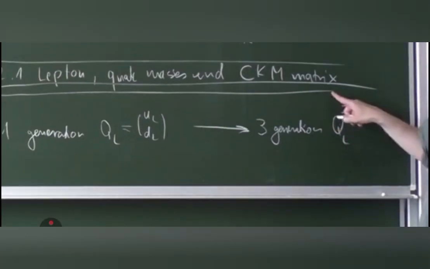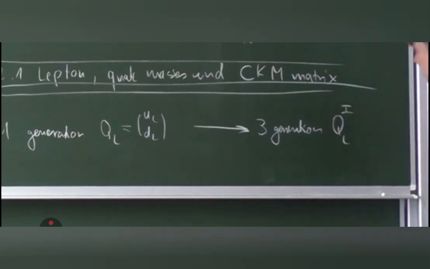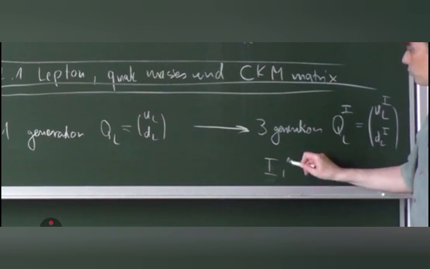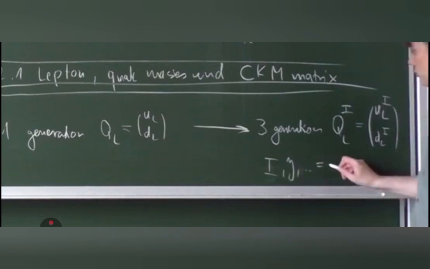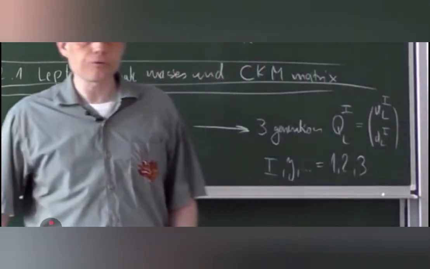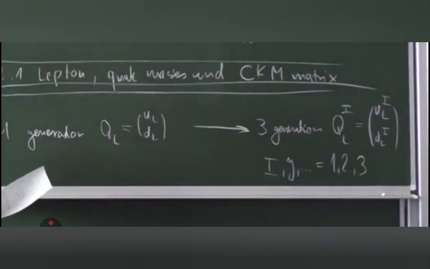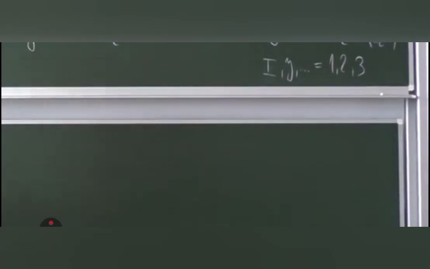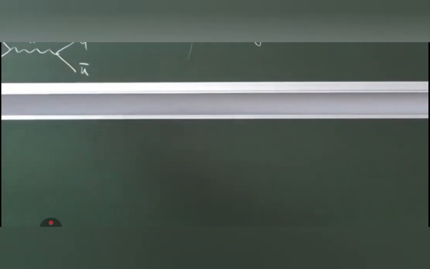So capital I goes from 1 to 3 and stands for the generation. So capital I, J, and so on, these indices, they run from 1 to 3, and their values denote the generation number. Okay, and then let us write down the Lagrangian.